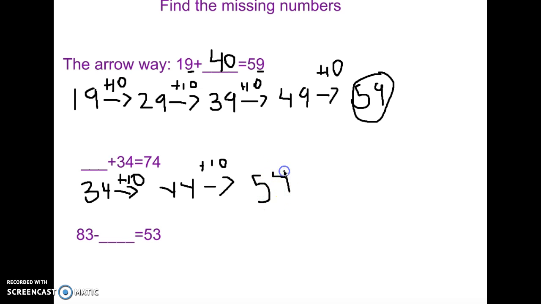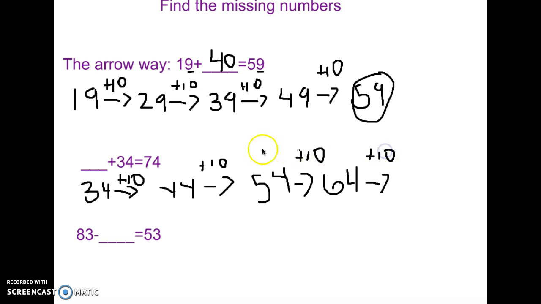Not there yet. 54 plus 10, what does it equal? 64. And 64 plus 10, what does it equal? 74.